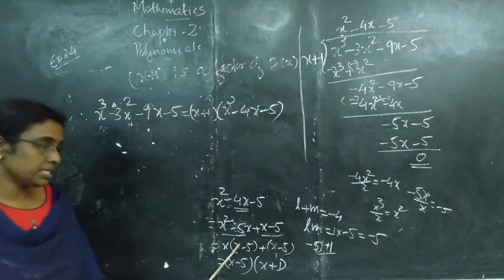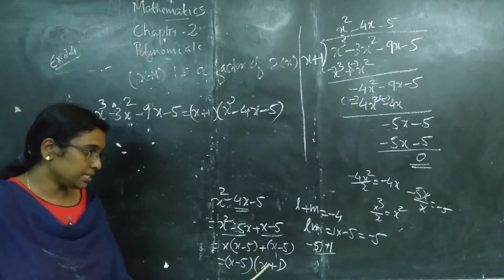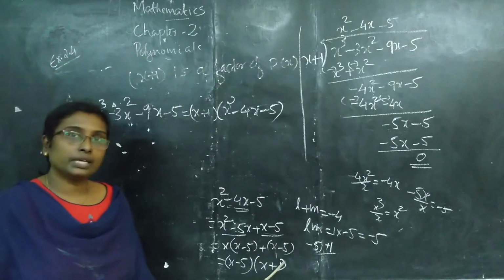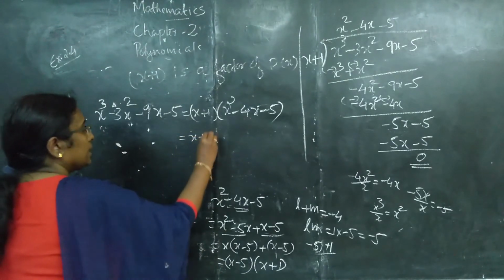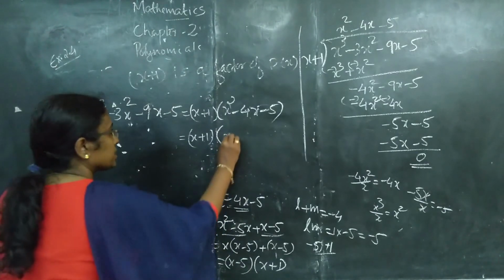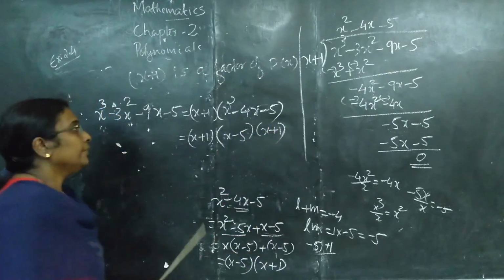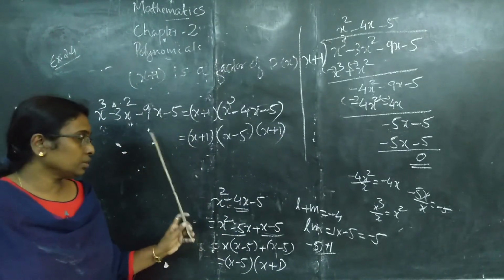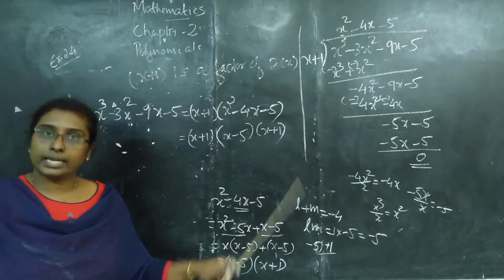If we take x minus 5 from here, the remaining factor is x. Put this plus symbol here. If we take x minus 5 from here, the remaining factor is 1. So we can factorize this as x plus 1 into x minus 5. Therefore, the three factors of this cubic polynomial are x plus 1, x minus 5 and x plus 1.